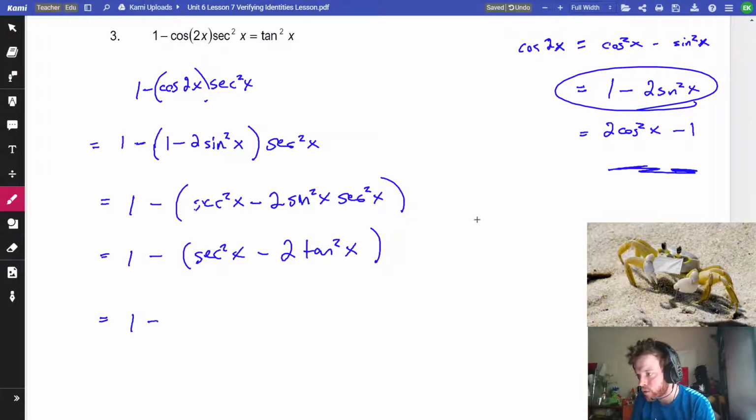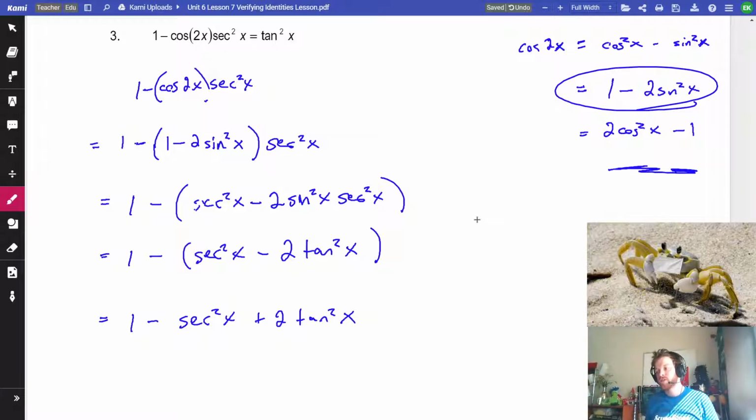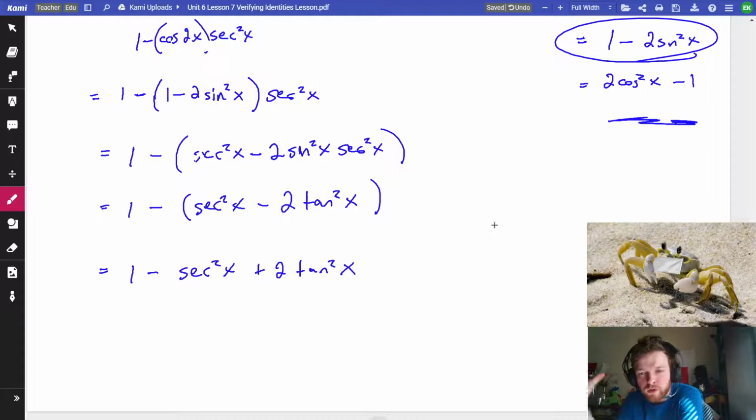I think it's going to be a grouping thing. Minus minus, we have a plus 2 tan squared x. Even when you've been doing this for a long time like me, you still got to stop and think sometimes. It might be right under your nose.